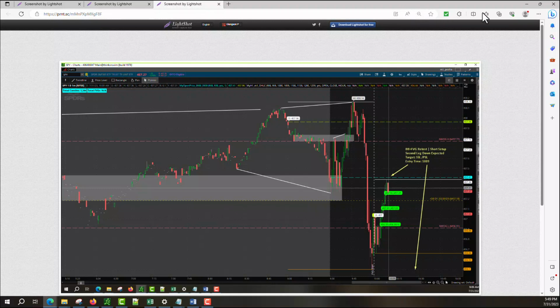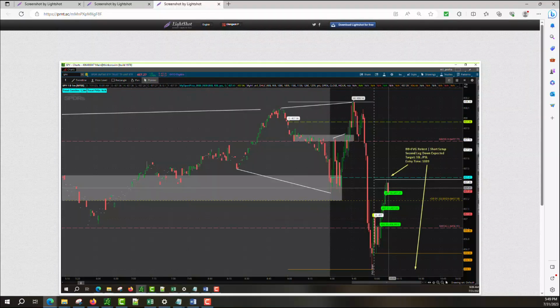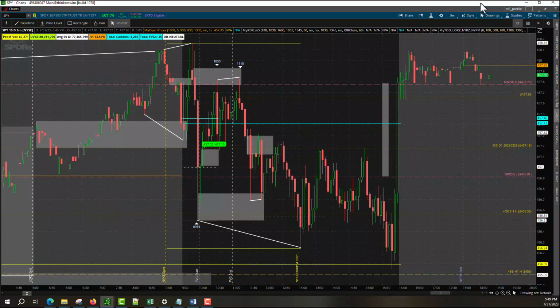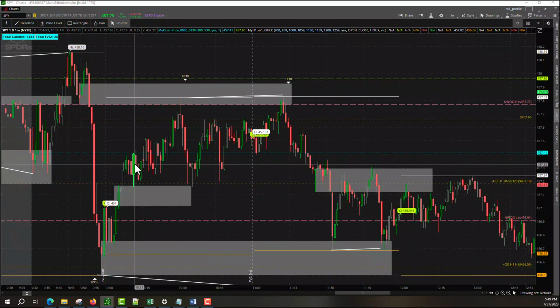Let's look at the, hold on, what is that one? Okay, 1 minute time frame. So look at the 1 minute time frame, you can see so right here we entered around here, I believe.